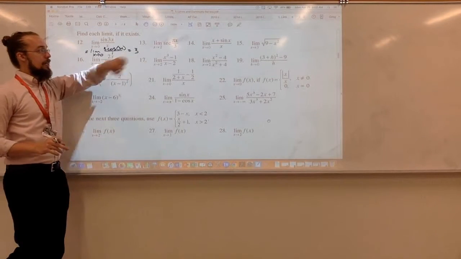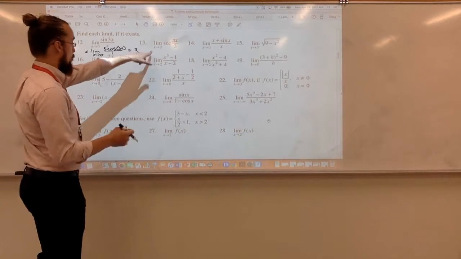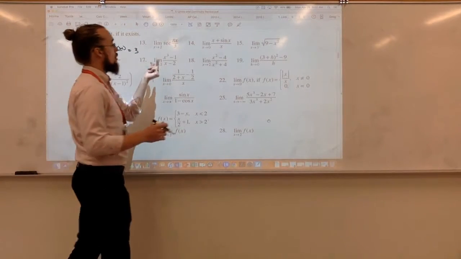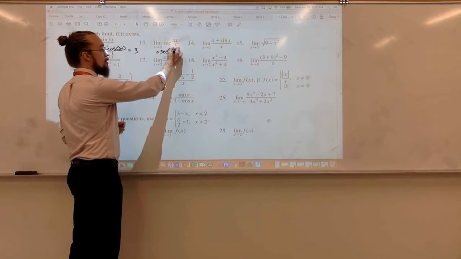All right, how about the next one? The limit as x approaches 2 of the secant of pi x over 3. Plug in 2, right? Always plug in this value first. If I plug in 2, I would get secant of 2 pi over 3.